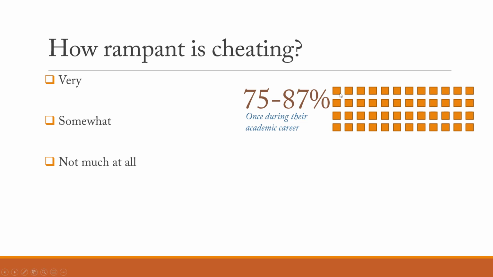So let's say this represents classes they've taken or years or whatever. Out of all of these times, students have only cheated once. So you can't think, oh my goodness, 75% of the students in my class are going to try and cheat. What the statistic actually means is that somewhere over their lives, 75 to 80% of students say that they've cheated once.